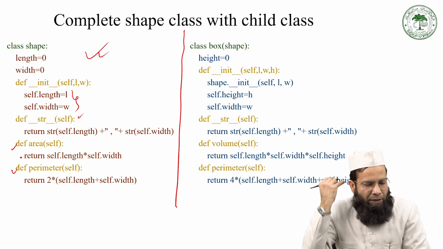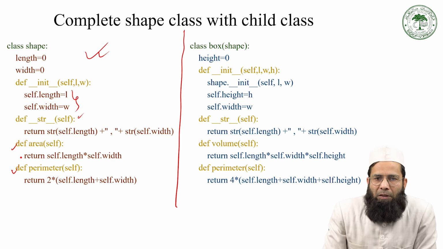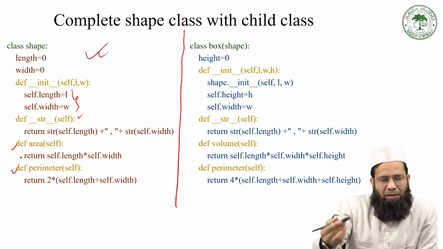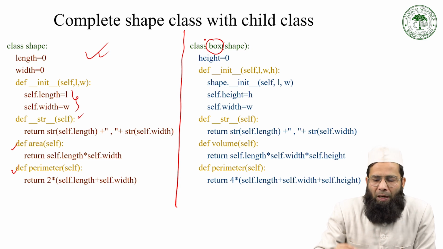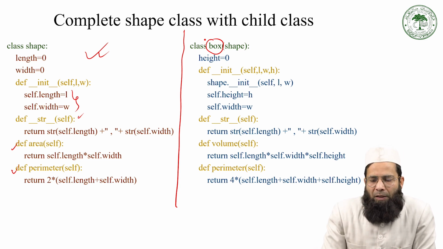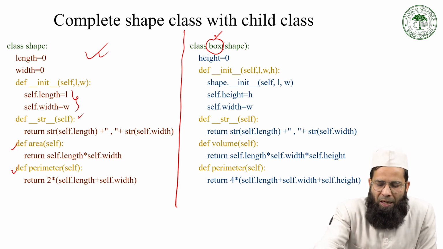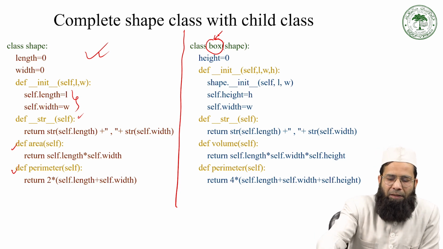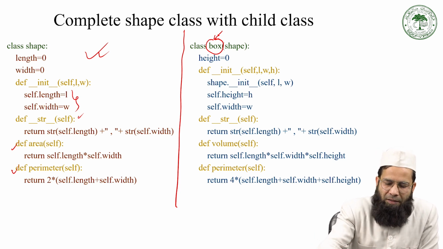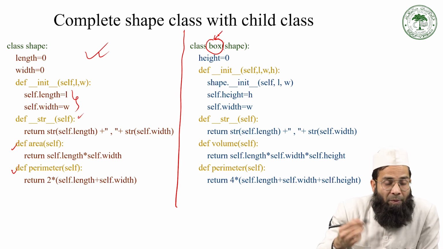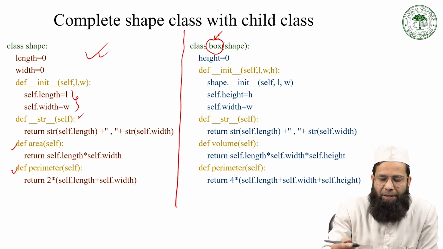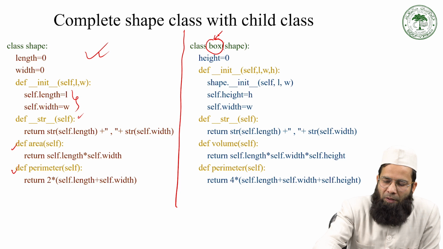Now I'm trying to create one more class, that is box, which would inherit the properties of shape. This box class will inherit length as well as width and its related member functions such as perimeter and area.